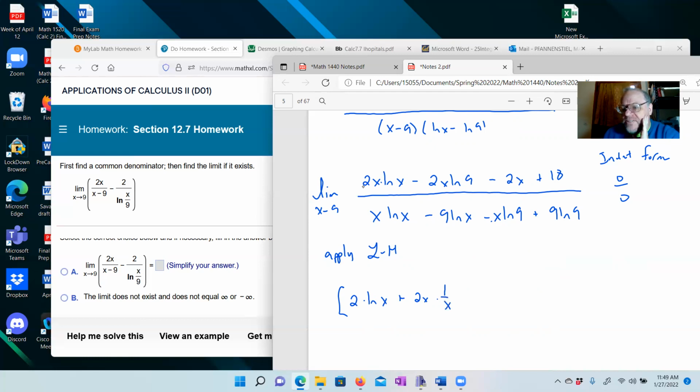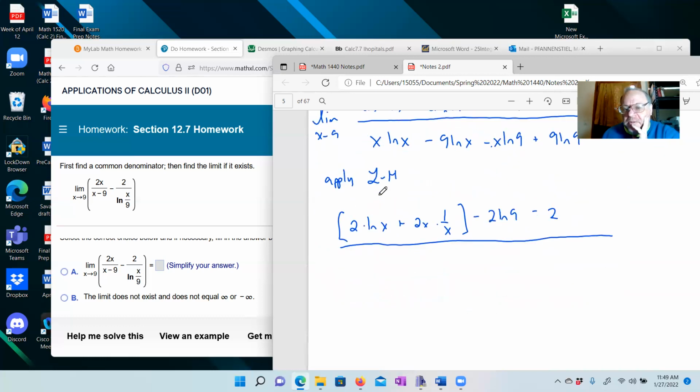It's 1 over x. So this is the product rule just off of this first bit here. ln 9 is a constant, 2 is a constant, so we just take the derivative of x times a constant, we just get twice ln 9. Minus, take the derivative of 2x, we get 2. And then the derivative of 18 is 0.